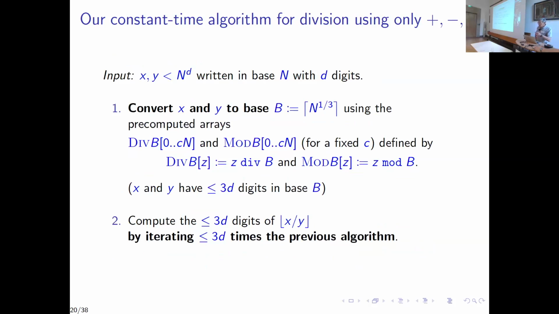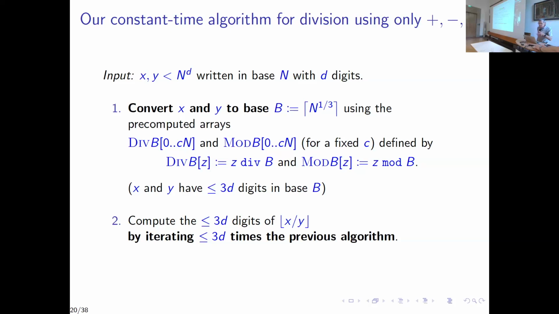The real algorithm is the following. You convert your operands, x and y, to base A, a special base. Not the square root, the cubic root, for technical reasons. You use pre-computed arrays for that.